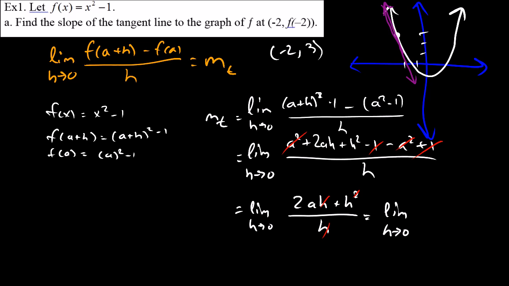We have 2a plus h, and what happens when we substitute 0 in for h? We're left with 2a. So let's bring it all back. The slope of our tangent line is going to be 2a.